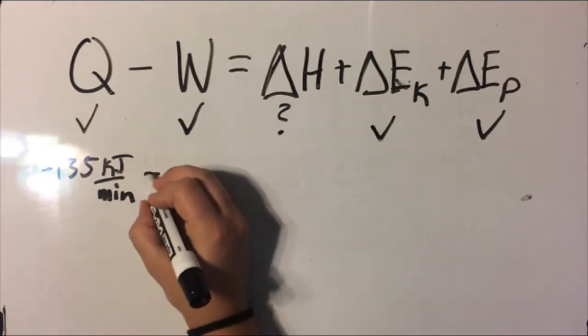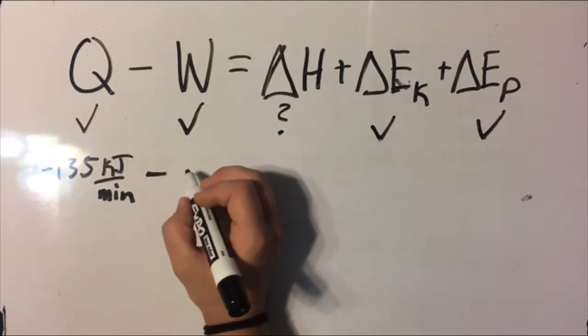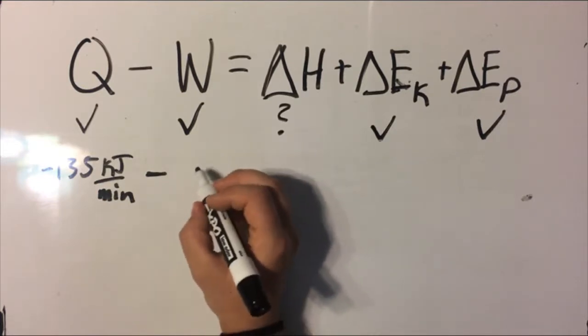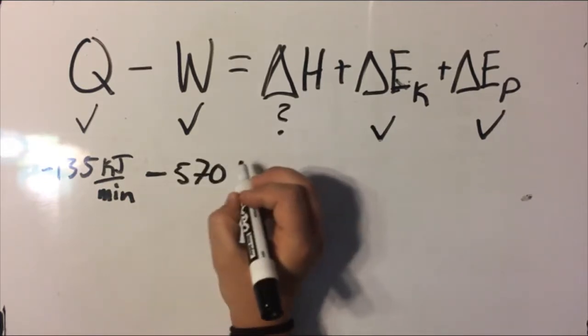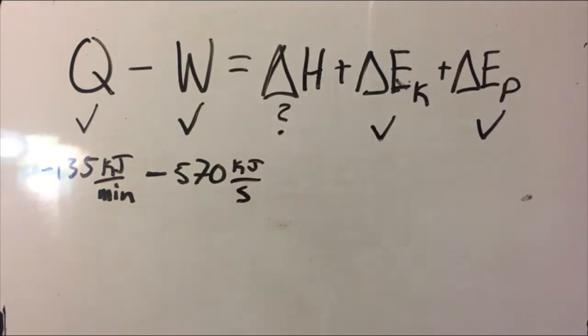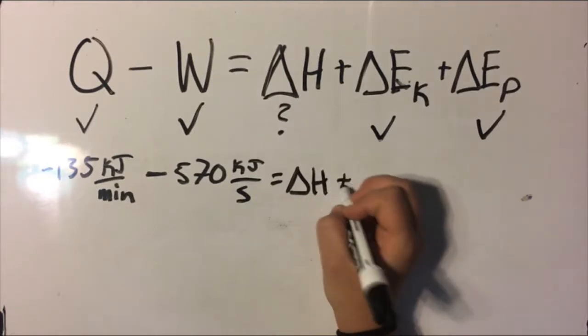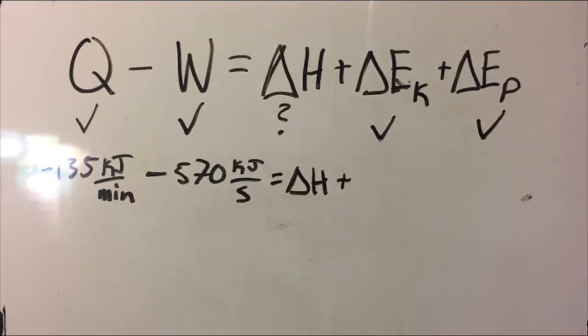Then we're going to subtract our work, which is our 570 kilojoules per second, which is just the equivalent of kilowatts. That's going to be equal to our change in enthalpy, which is what we're trying to calculate, plus the changes in energy that we calculated earlier.